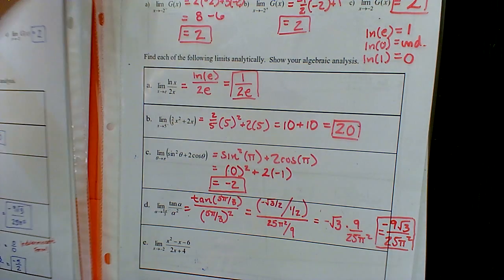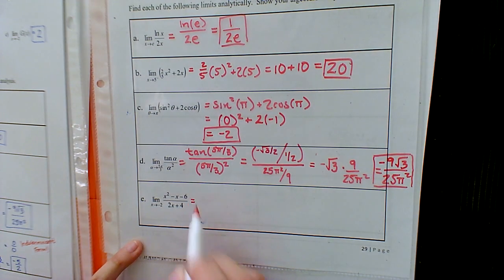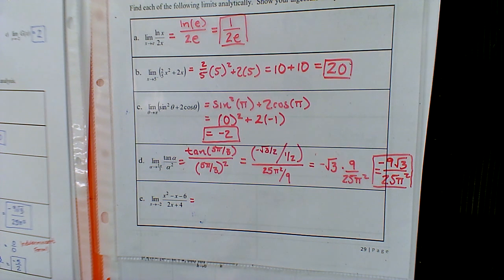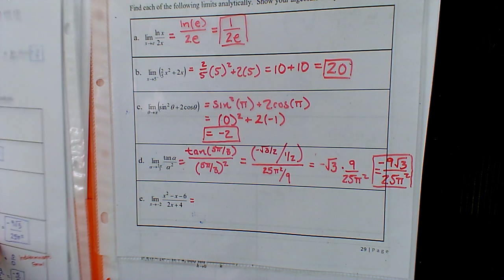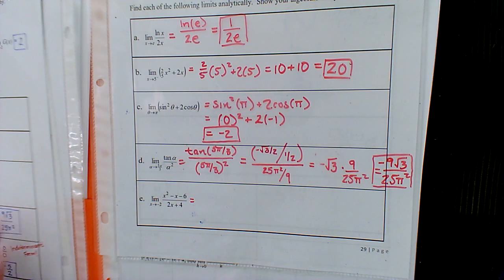Okay? Let's check out our next one. Direct substitution, plug in negative 2. What do we get? 0 over 0.